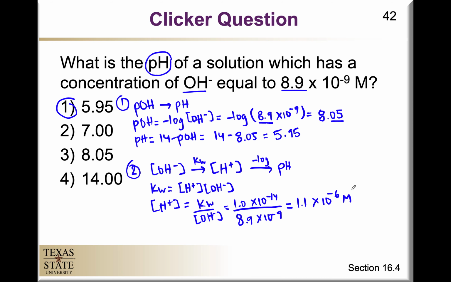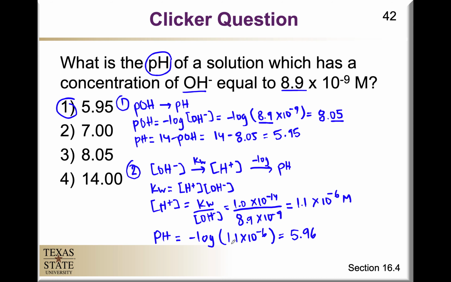hydrogen ion concentration. We then do the second step, which is to convert that hydrogen ion concentration into a pH by taking the negative log. So the pH is equal to the negative log of the hydrogen ion concentration, which was the 1.1 times 10 to the negative 6, and that's going to give us 5.96.